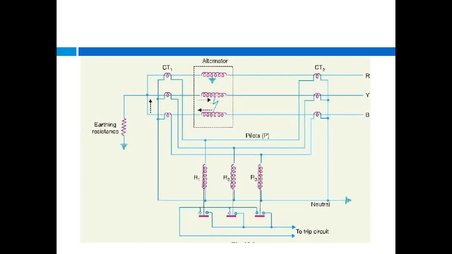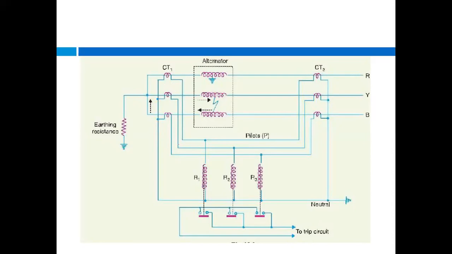So the two types of faults are shown here. That is the phase to ground fault, meaning this fault is occurring in R phase, and phase to phase fault, and that fault is occurring between the Y and B phases. Then here also the CTs are connected. This is connected in star, and this second side CT is also connected in star.